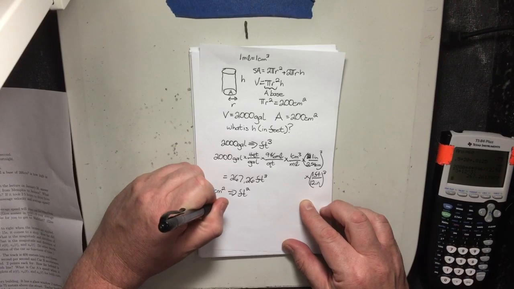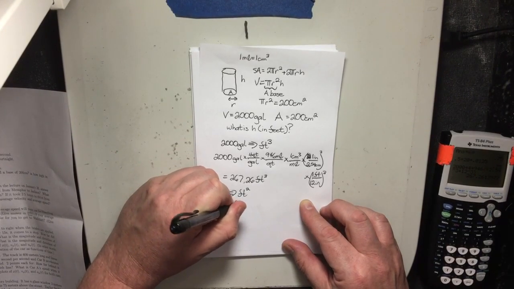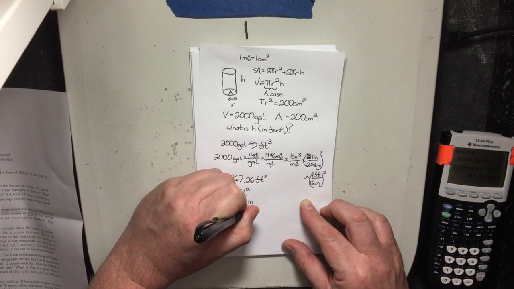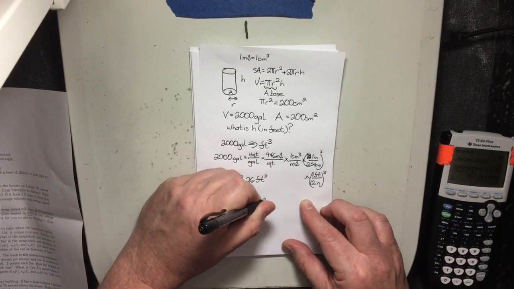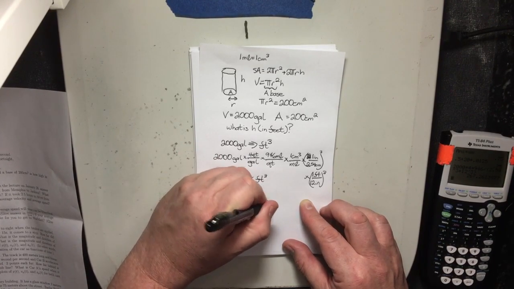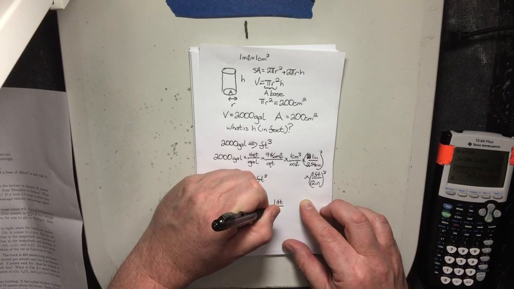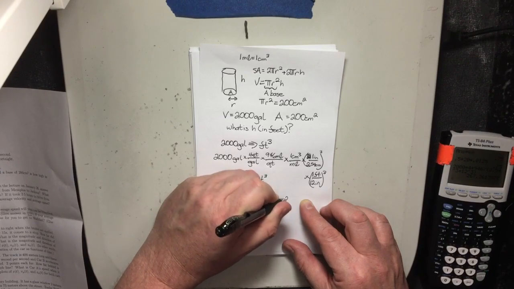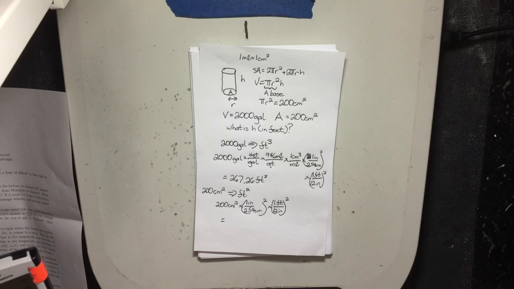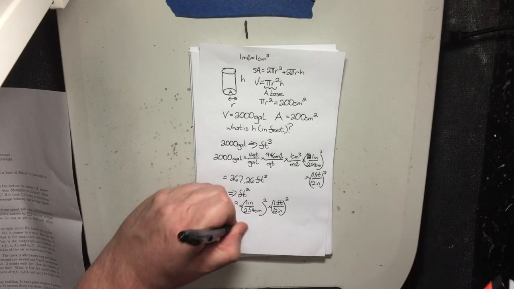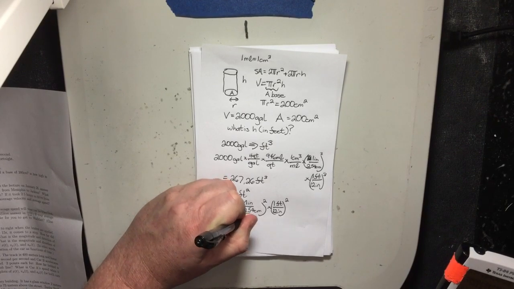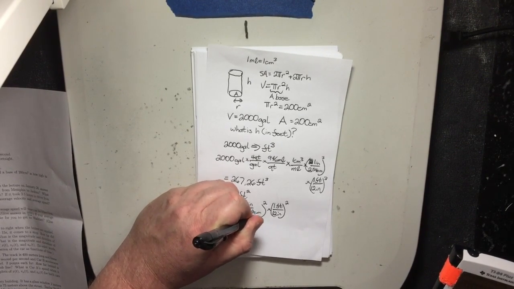So once again, 200 square centimeters, 1 inch, 2.54 centimeters, square it, times 1 foot per 12 inches squared, and then we get our answer, 200 divided by 2.54 squared, oh, not 1.54, 2.54 squared times 12 squared. 0.2153 square feet. Oop, not cubed, squared.